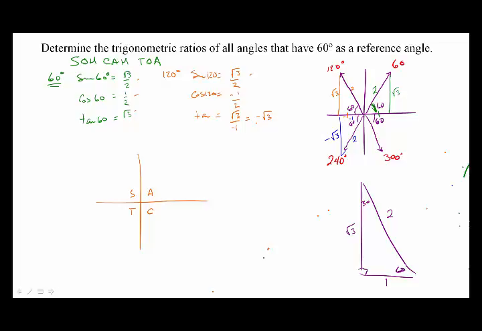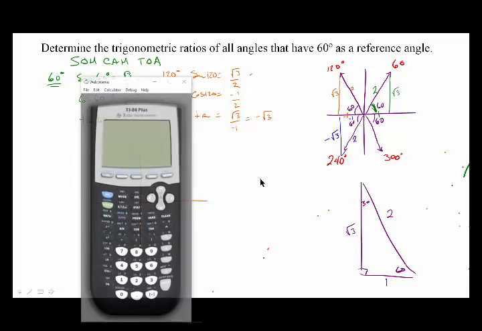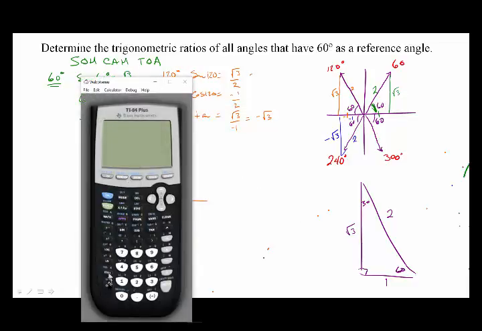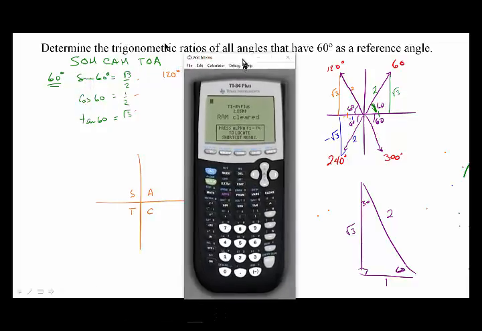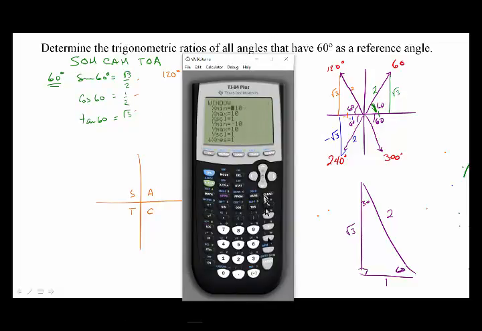Take out your graphing calculator. The very first thing I want you to do is to change your window. We're going to change our window from minus 30 on the x to 390.